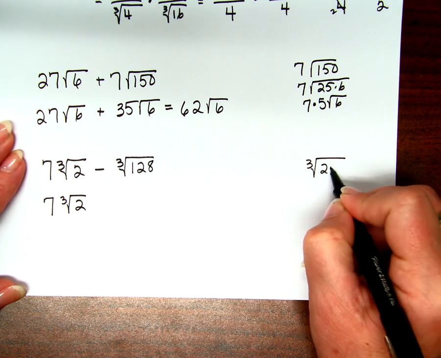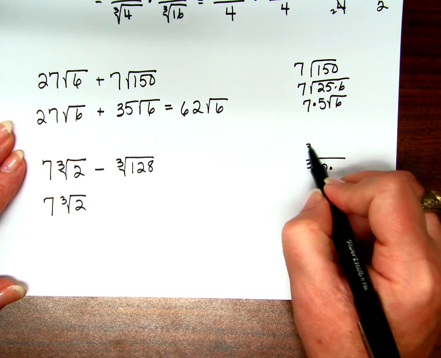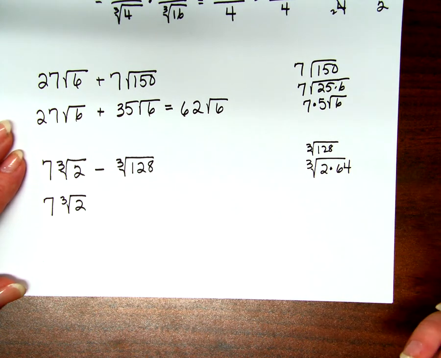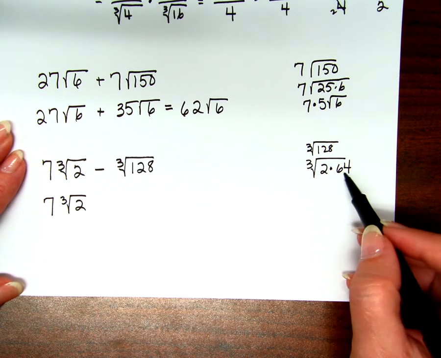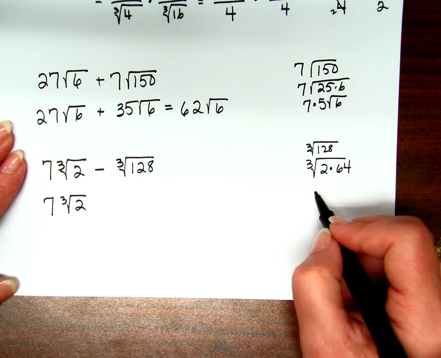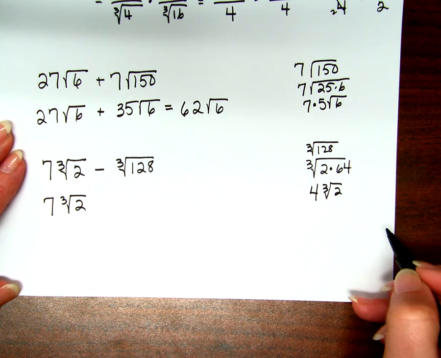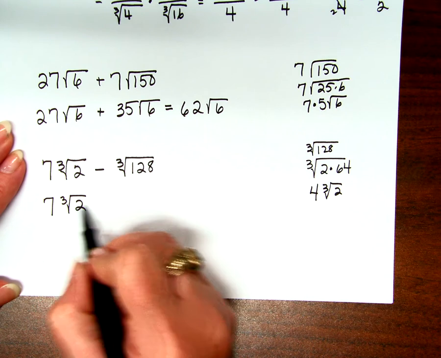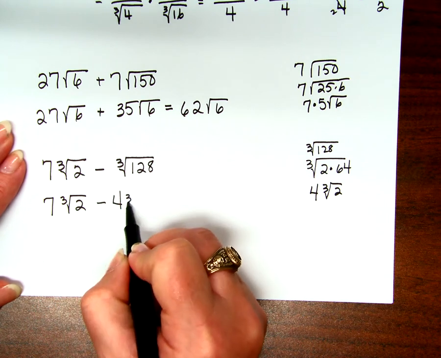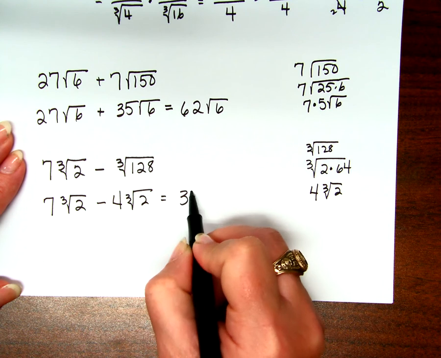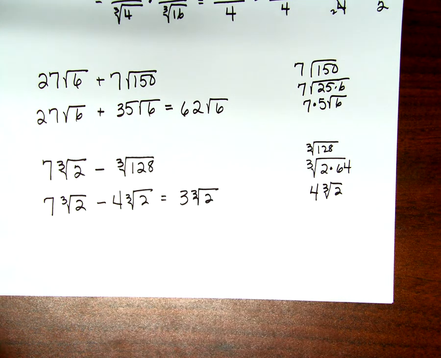So 2 times what equals 128? Oh, that's so lucky, isn't it? Why is that so lucky? Do I know the cube root of 64? What is it? 4 cube roots of 2. 7 cube root of 2 minus 4 cube root of 2 equals? Perfect.